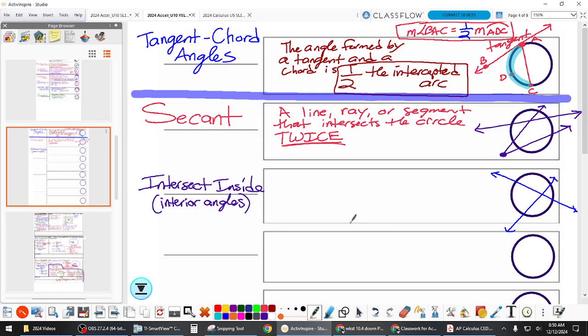So two secants are intersecting inside of the circle, and therefore they are intercepting two arcs. A little one and a big one. Or we could say near or far from the point, whichever one works for you. Let's put some letters on here so we can actually write a formula.